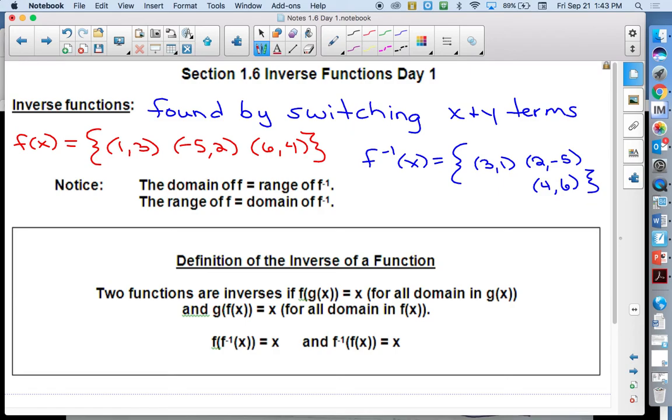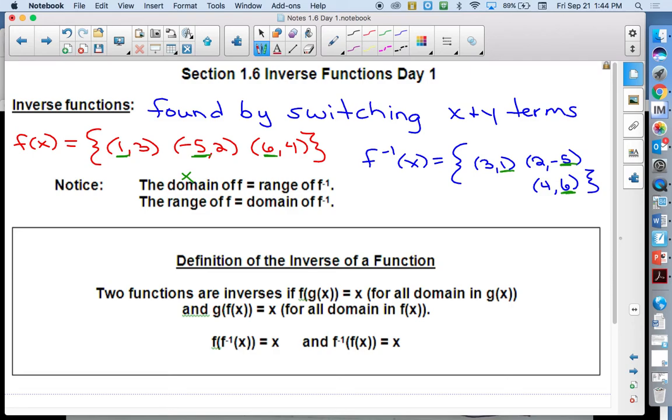Underneath, it says to notice the domain of f. Remember, domain is the x. So if you look at the x values, 1, negative 5, and 6, they become the range of the inverse. Because we switched x and y, domain is x. If x was the domain in the first, when you switch it, it now becomes the y or the range of the second.